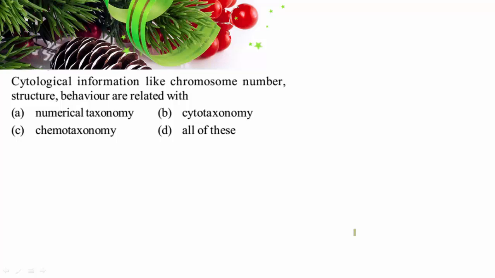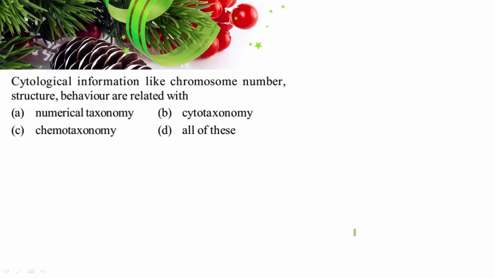Cytological information like chromosome number, structure, behavior, are related with. That means for the classification, if the chromosome number, structure and behavior are concerned, that branch is called with which name?